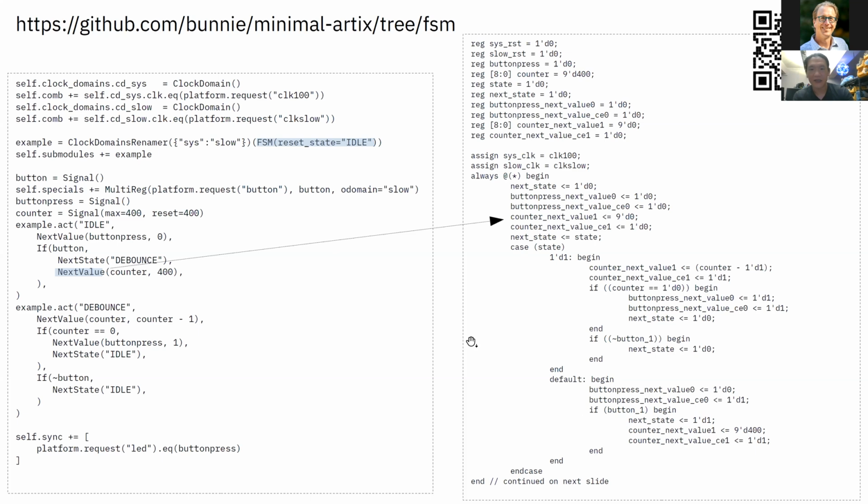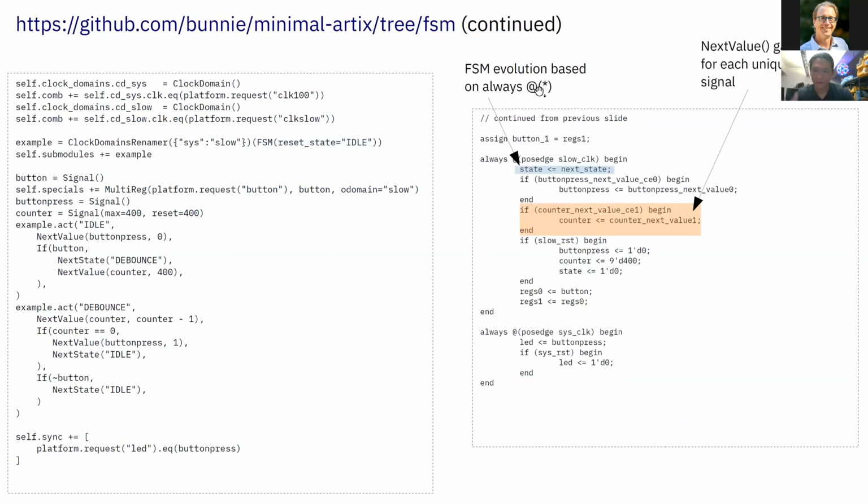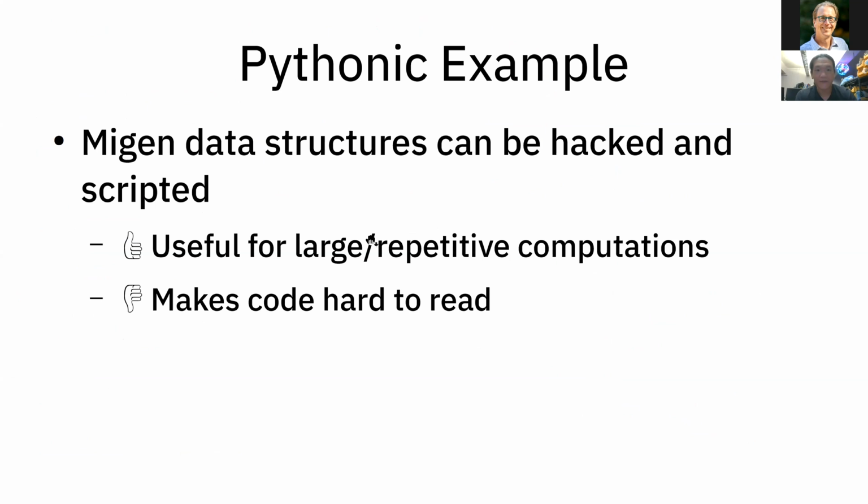It's pretty clear. And then a little bit further down in the code, it actually creates the clock domain. This is the FSM evolution statement, and then here is the control set for making sure that the counter only gets the counter value when it's supposed to, when you've called next value. So that's kind of cool. You can do FSMs in this language as well.